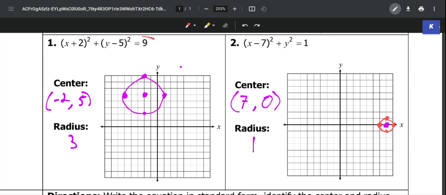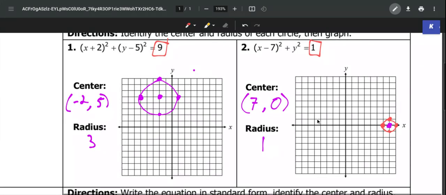And then we take the square root of whatever our equation's equal to, and that's our radius. Then you plot the center, and all you've got to do is count up how many units the radius is, and that'll give you all 4 of your endpoints. So you count up, count to the right, count down, count to the left. And then you just draw a circle.